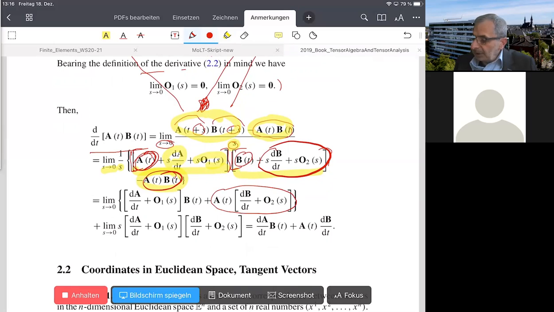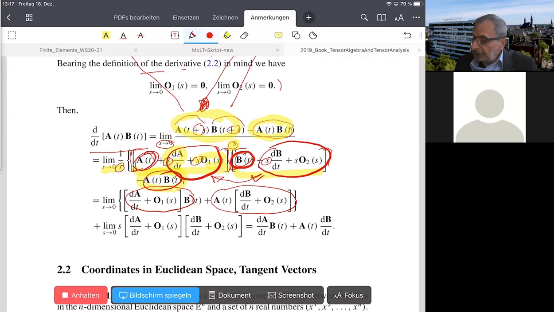Then I multiply this b by this term here. Simply term by term, I write out these brackets, and this is then this second term here. And additionally we have the product of these two terms. And you see the interesting thing: we have s here and s here, so we will have s square, but we divide everything by s.